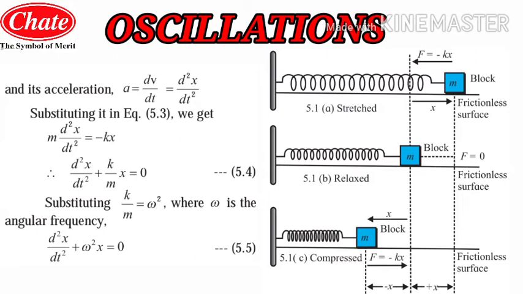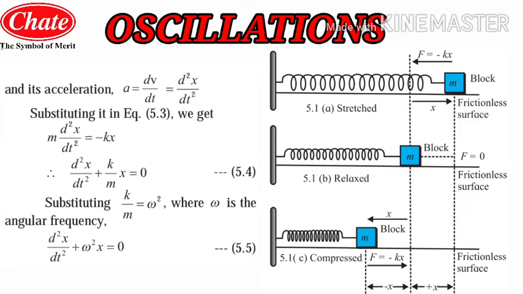Equating both forces, we get ma equal to minus kx. So if you want to calculate the acceleration, it will be minus k upon m into x. So this will be our next equation.